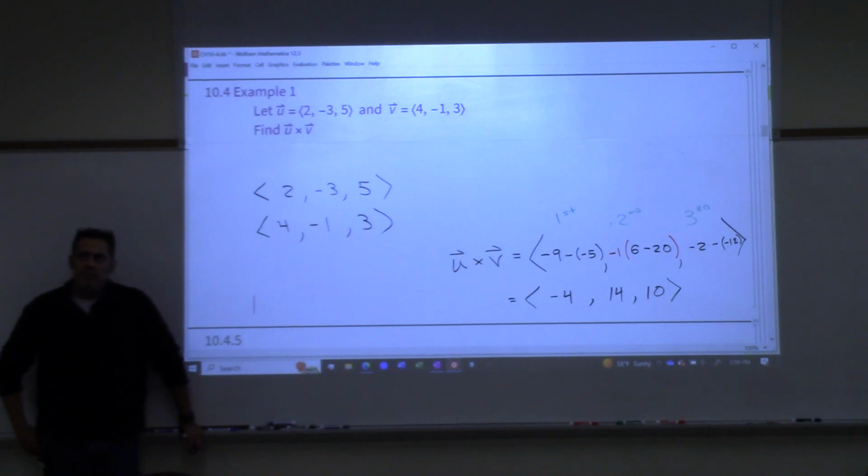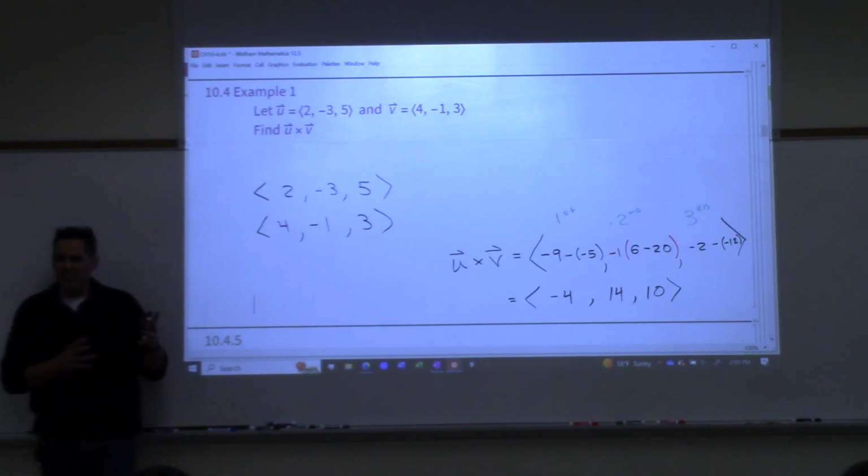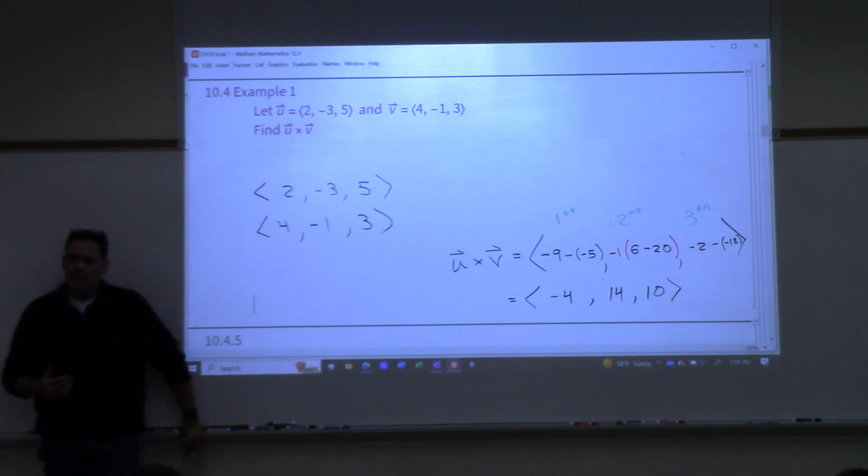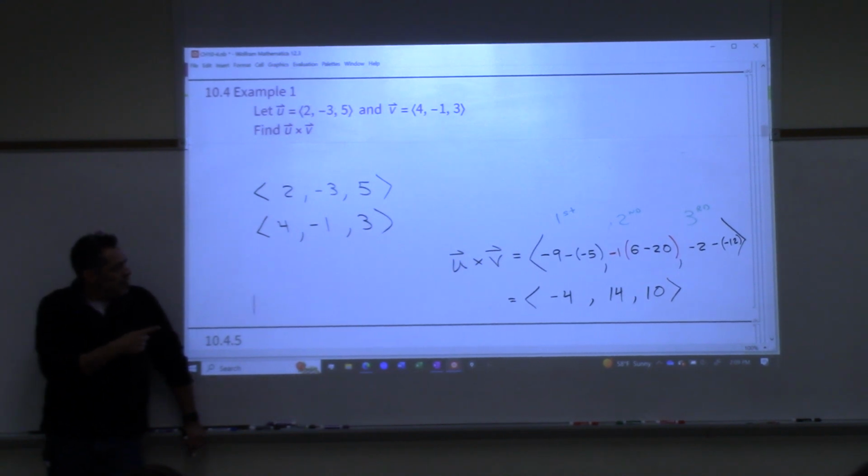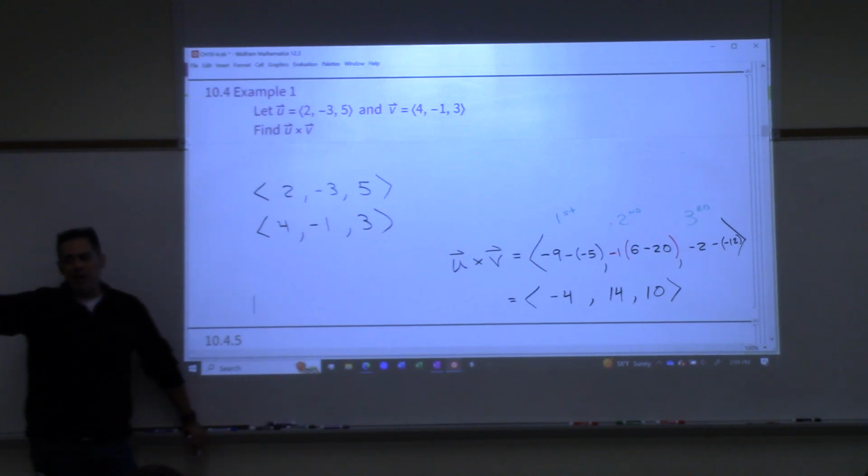Well, there's a connection for sure because we're using determinants here to figure out what the cross product is, right? But I'm not going to say there's a connection between finding the cross product and the type of determinant you're thinking about in a linear algebra sense. They are connected, though, but the connection is, I think, beyond the scope of what we're talking about right here.